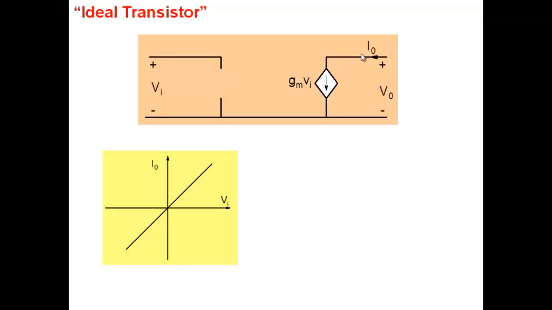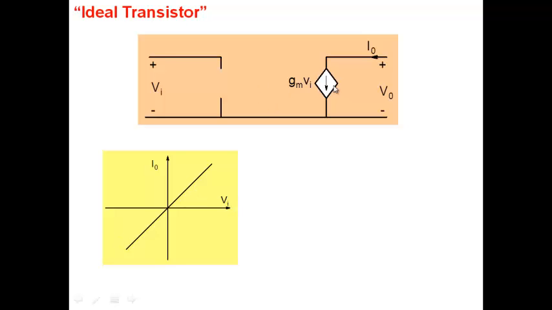No output conductance means that the output current is simply sensitive to the input voltage and does not depend on the output voltage at all. All real transistors would have some sensitivity to output voltage also. The other thing is the relationship between I0 and Vi, which we have assumed to be linear.